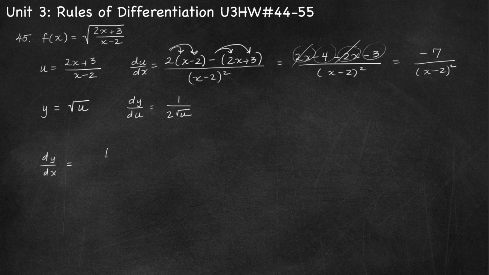So the derivative of the outside, 1 over 2 times the square root of u, but we're going to replace u, oh, I need a bigger square root there. We're going to replace u with (2x plus 3) over (x minus 2). And I'm multiplying that by the derivative of the inside function, which is negative 7 over (x minus 2) squared.